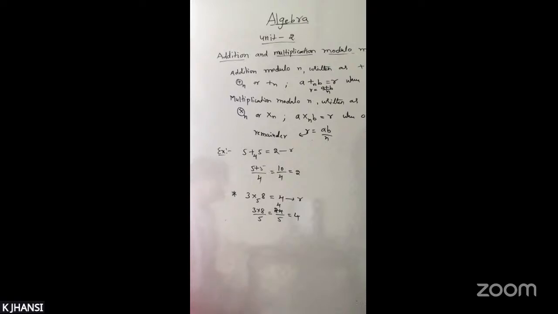In the question the n value will be given, it will be mentioned whether it is addition or multiplication modulo, and even the set will be given. If the question mentions abelian group, it may also mention group or semigroup, so depending on that you have to solve the problem. So this problem we have: prove that Z10 equals {1, 3, 7, 9} is an abelian group with respect to multiplication modulo 10. This is the problem we have.